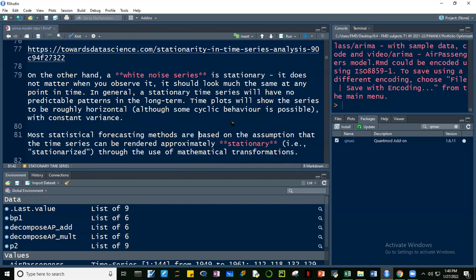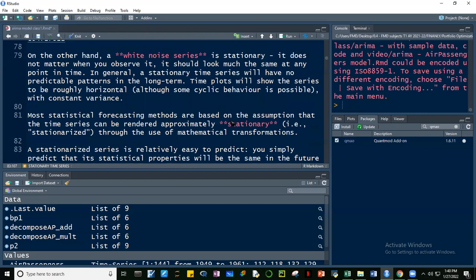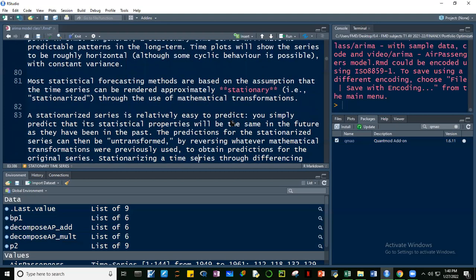Okay, so pag nagfo-forecast tayo guys, based on the assumption na stationary yung data natin. So that's why, sabi ko nga kanina, bakit kailangan i-convert sa isang stationary time series? Kasi mas madaling i-predict, mas madaling i-model guys kung stationary. Mas mahirap i-predict kung non-stationary. So bakit natin papahirapan yung sarili natin?